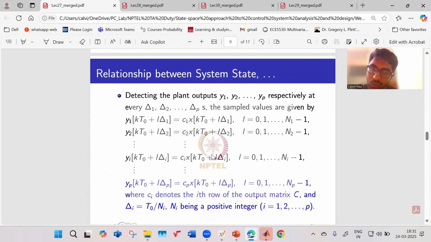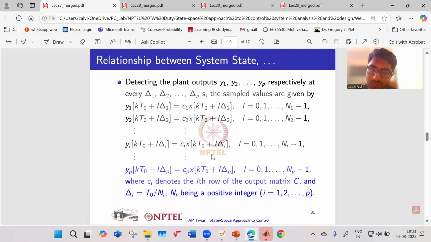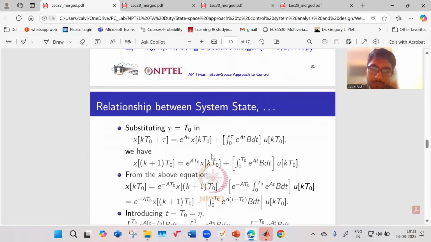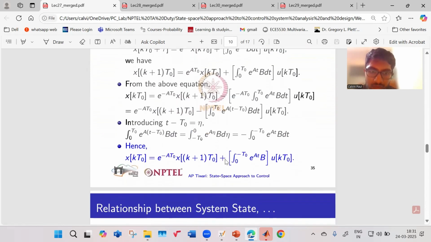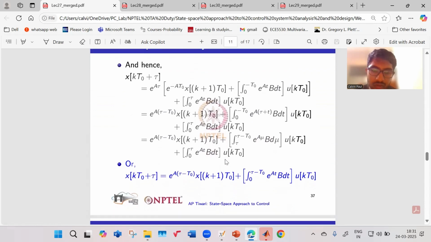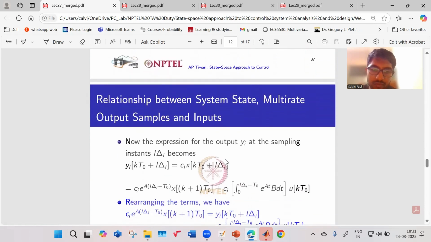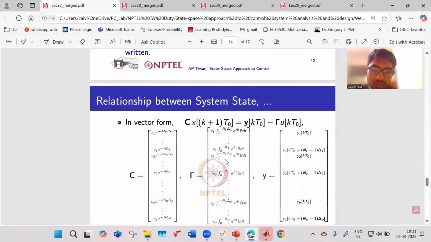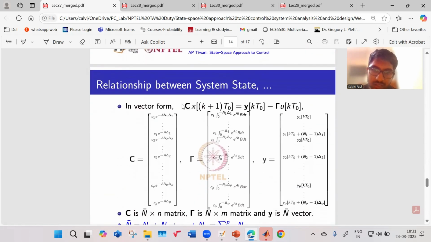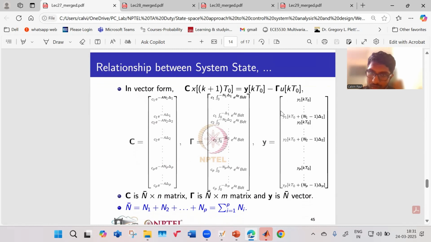And then the plant outputs are sampled, and the values are given. Then the final expression is C times x of (k plus 1) T naught as a function of k T naught minus gamma into u of k T naught, right?